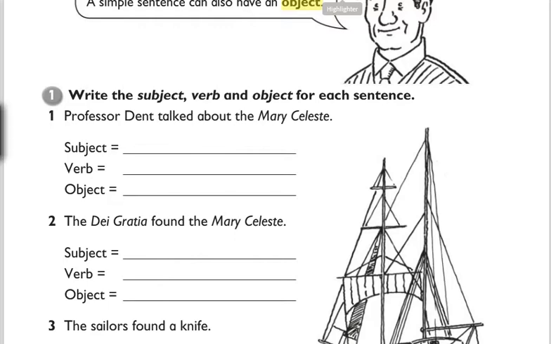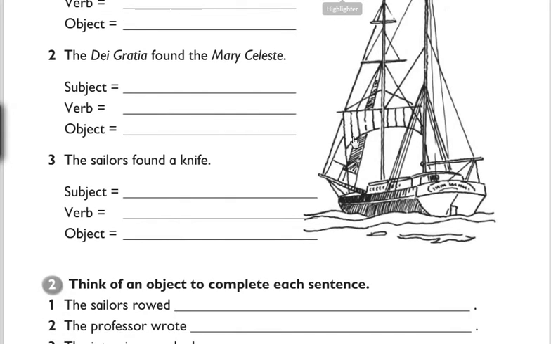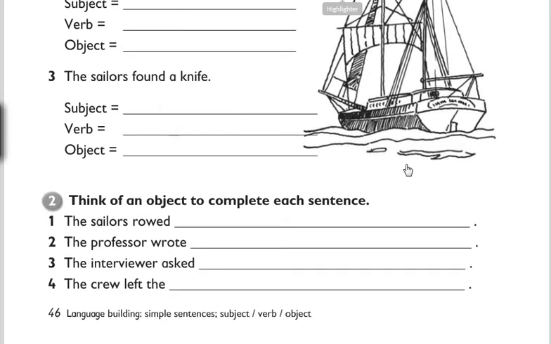Number 2, the day Gracia found the Mary Celeste. Subject is, yes, the day Gracia, and the verb is found, the object is the thing which is found, which is the Mary Celeste. Number 3, the sailors found a knife. Subject is the sailors, verb found, and the knife is an object.